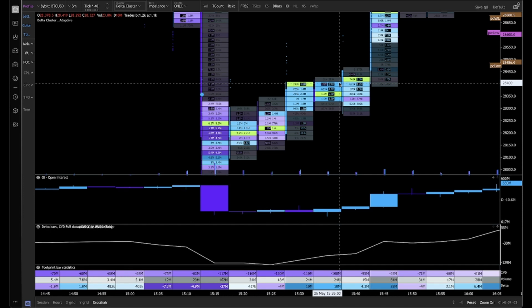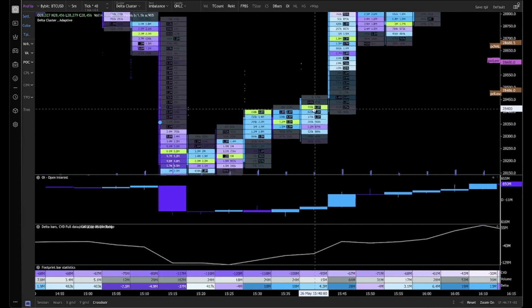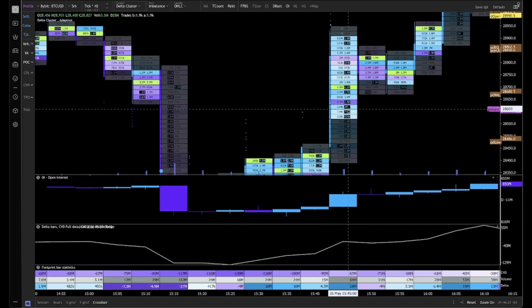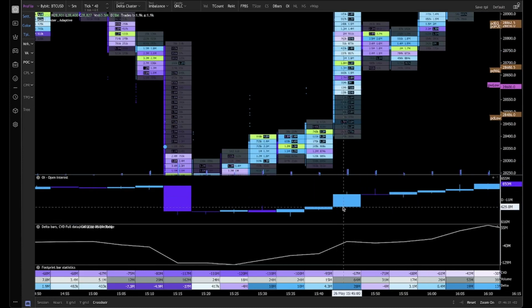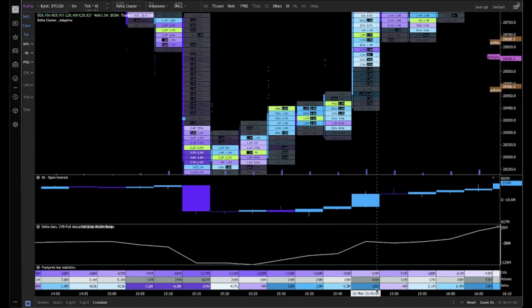And then what you really want to see is new longs opening with buying imbalances and a lot of volume, and this is exactly what we got here. You can see all of the buying imbalances are increasing, which means new positions. And then on FPBS we can see 28 million.